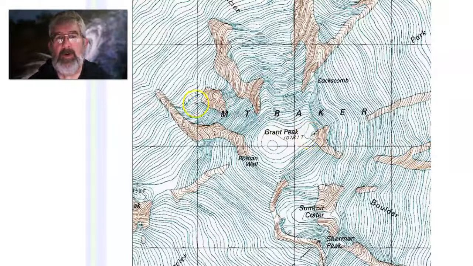So when you find one labeled 8400, that's 8,400 feet high above sea level. Everything along that line, that curve, is 8,400 feet.